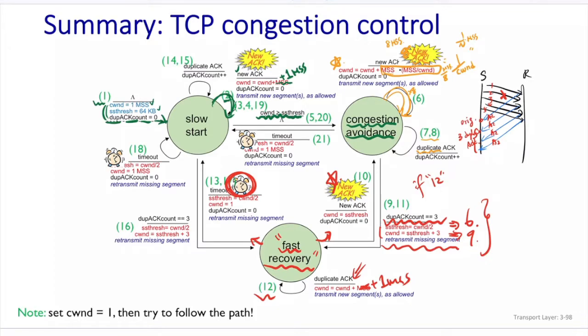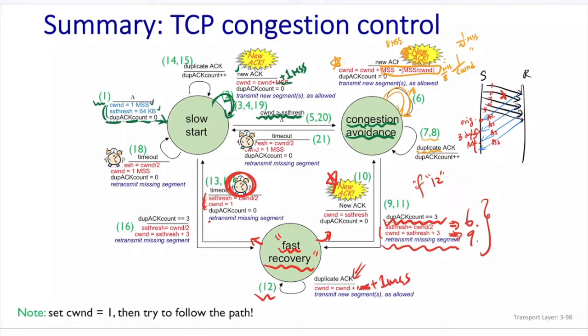So we stay at fast recovery to see if a new ACK will arrive like step number 10 or not, like step number 13. If eventually the timer times out, that means there's severe congestion in the internet. So I simply go back to the slow start state, the current slow start threshold is cut in half, and the congestion window goes to 1. That means we start over again, and of course, we retransmit the segment.